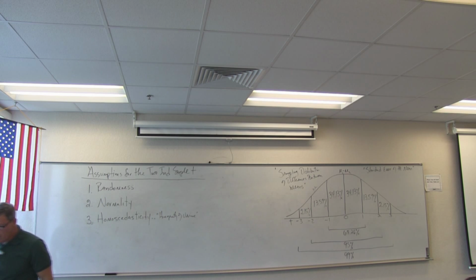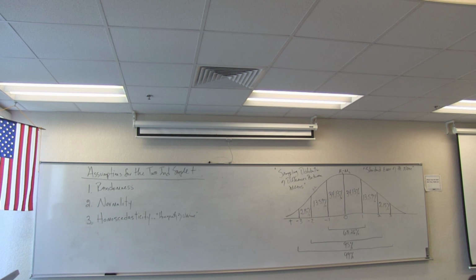It's assumed in this two independent sample t-test that the variances of both our samples are actually equal. They're very equal to each other or pretty close to each other. So you could consider it equality of variance, so to speak.